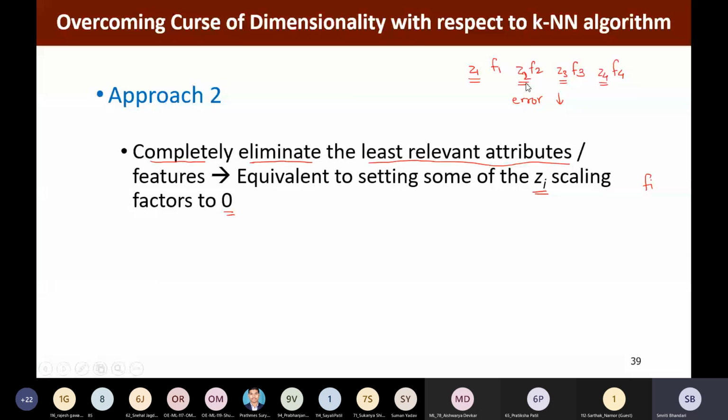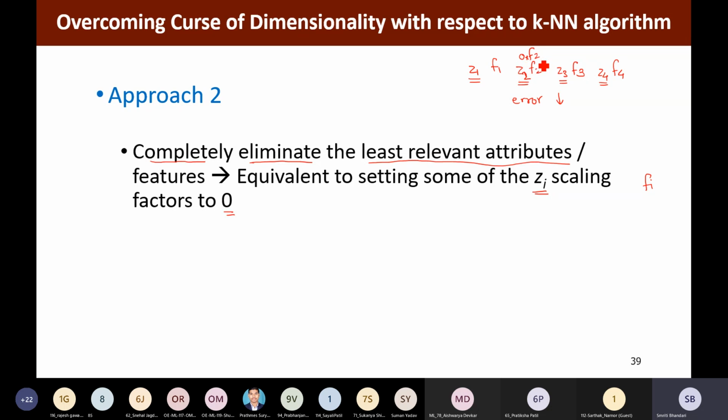Right? Now, in this approach 2, what actually we are doing is, instead of providing the least weight to that particular feature, we can completely eliminate these least relevant attributes or features. Meaning, if we associate, say, 0 weight with this F2, then what will happen? This feature will be eliminated from my feature vector. Right?